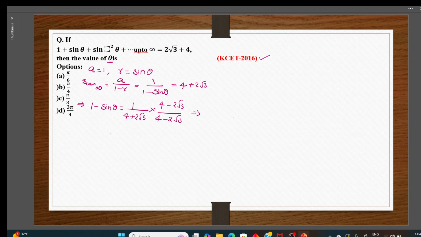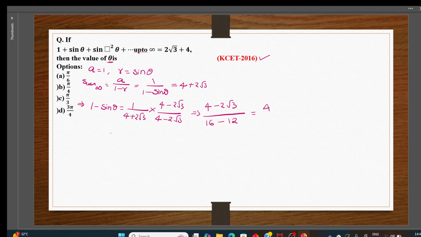So the numerator 4 minus 2 root 3 stays as it is. The denominator is in the form of A plus B into A minus B, which means A square minus B square. So 16 minus, 2 2 is 4, 4 3 is 12.